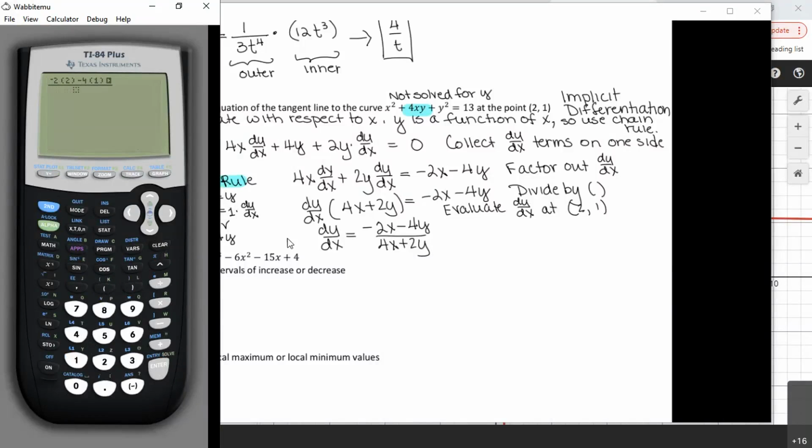I'm just plugging in x is 2, y is 1. In the denominator, I have 4 times 2 plus 2 times 1. That gives me negative 4/5 as my slope.